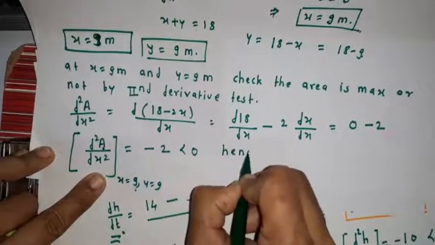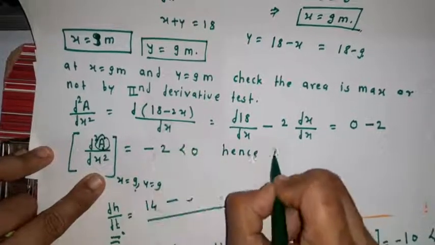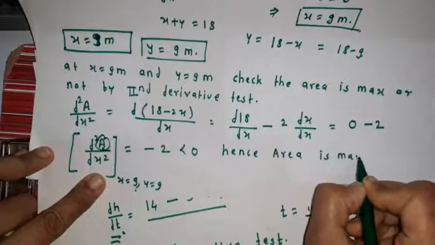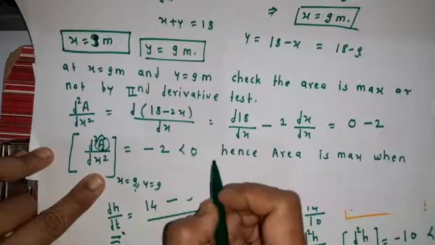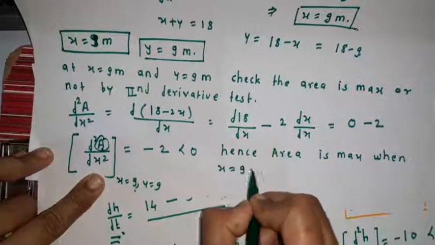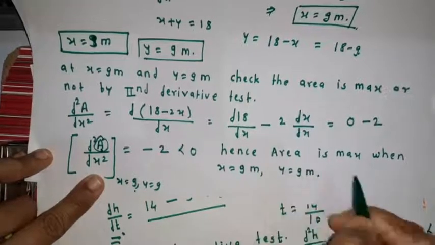Hence area is maximum when the dimensions of the rectangle, that is length and breadth, are equal to 9, when x equal to 9 meters and y equal to 9 meters.